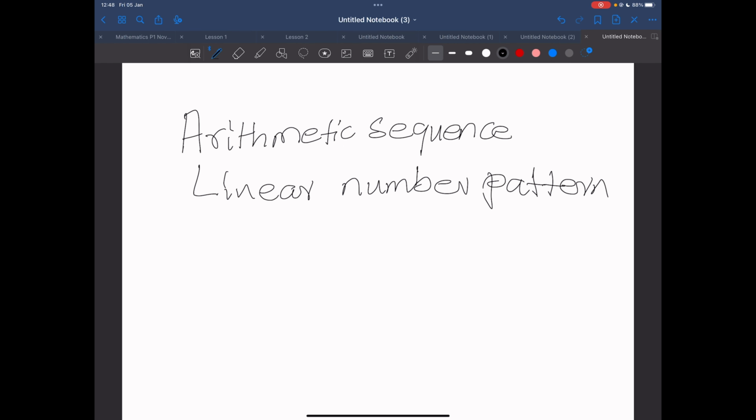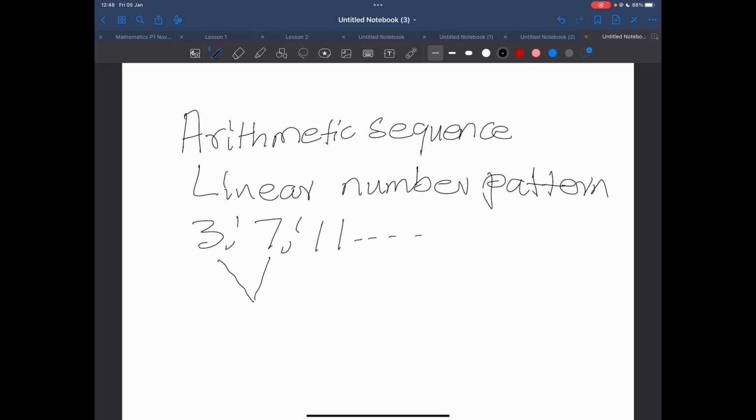We are going to take an example. Let's look at the pattern 3, 7, and 11. If we check the difference, remember we calculate the difference by taking term 2 and subtracting term 1.